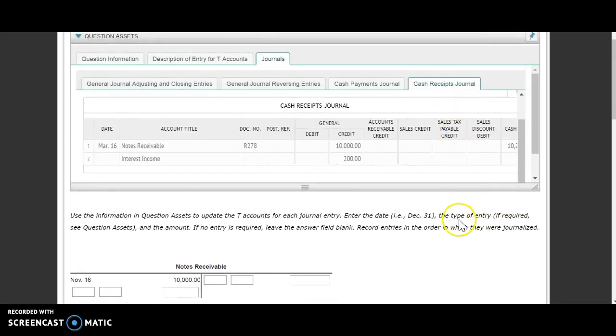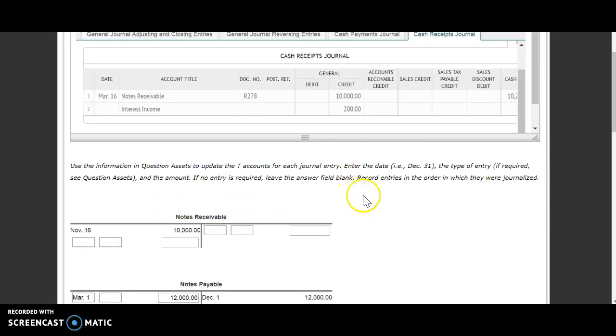So cash receipts journal. Okay, again, we don't have cash, so we're not going to record that debit. We're going to just record the credits here. So we have a notes receivable, March 16th. Nothing in that middle blank, and 10,000.